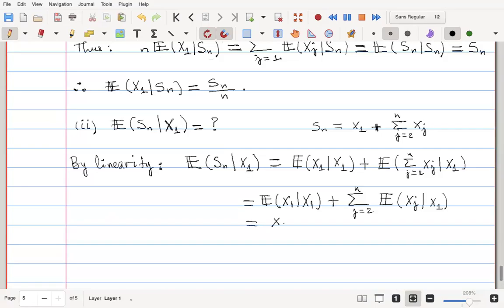So this will be x1 plus, and since the xj are independent of x1, it will give us the sum, j running from 2 to n, of the expectation of xj.